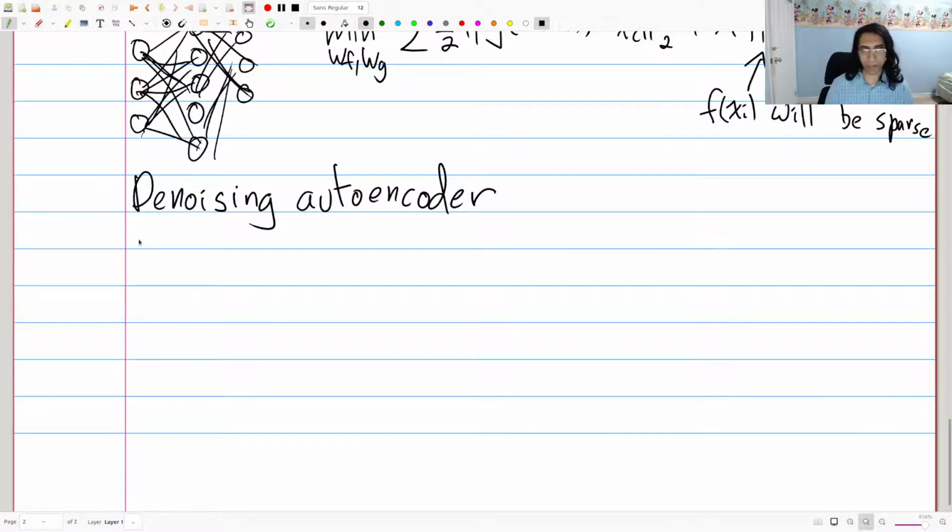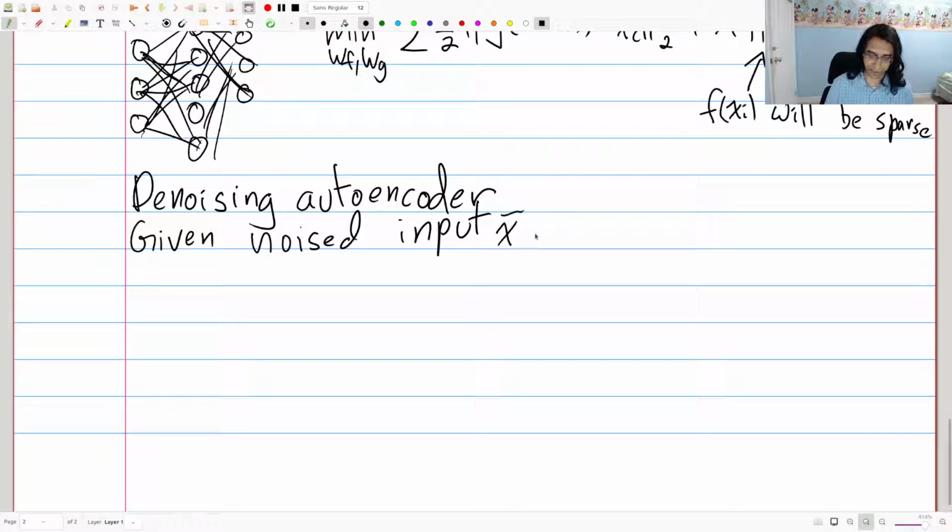So what we can do, when we're training, is prepare the denoising autoencoder to receive noised images, and then have it reconstruct the original image. So let me write that down. Given noised input x tilde, produce x as output.